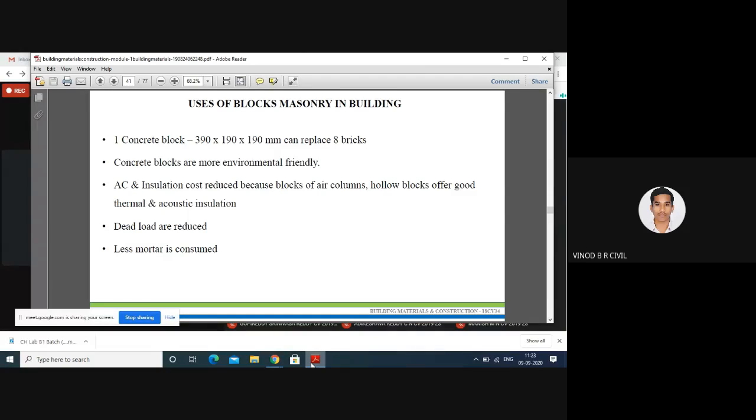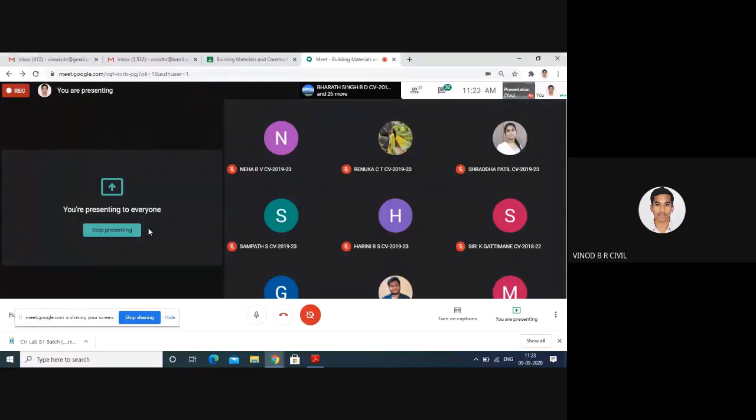Less mortar is consumed. As you know, one concrete block is a replacement of 8 bricks, obviously we can reduce the mortar consumption. Can anyone tell what is the meaning of mortar? What is the meaning of mortar?